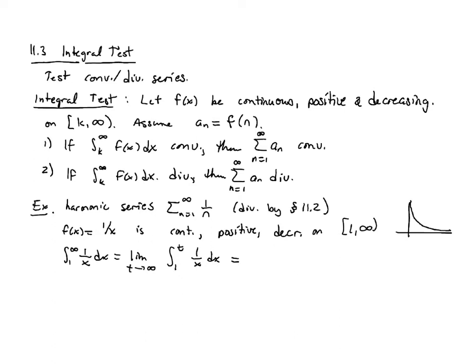When you evaluate that integral, we have a natural log function. The natural log of 1 is 0. So we end up with the limit as t goes to infinity of ln of t. And of course, as t goes to infinity, ln of t also goes to infinity.